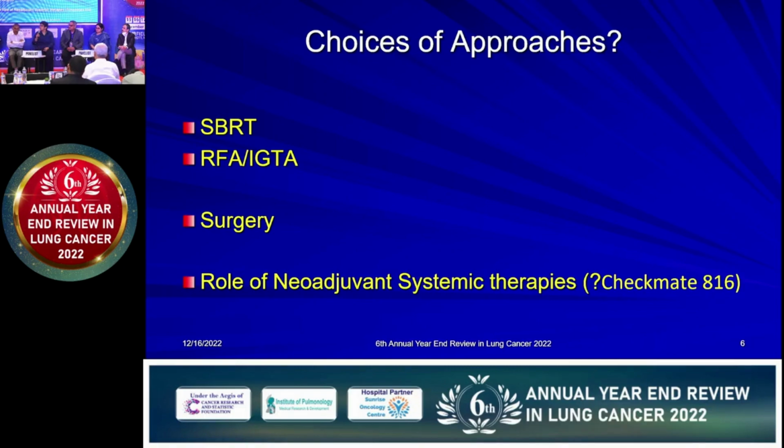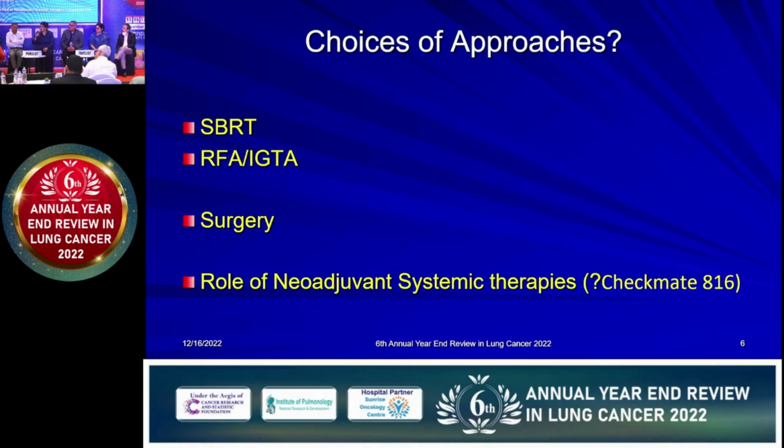So what is the normal workup you tend to do at your center? A 75-year-old patient, smoker or non-smoker, the first thing is any comorbidities. We would start with simple things: a 6-minute walk test, a room air ABG, a pulmonary function test including a DLCO, and echocardiography, and if he has any comorbidities, a dobutamine stress test too.